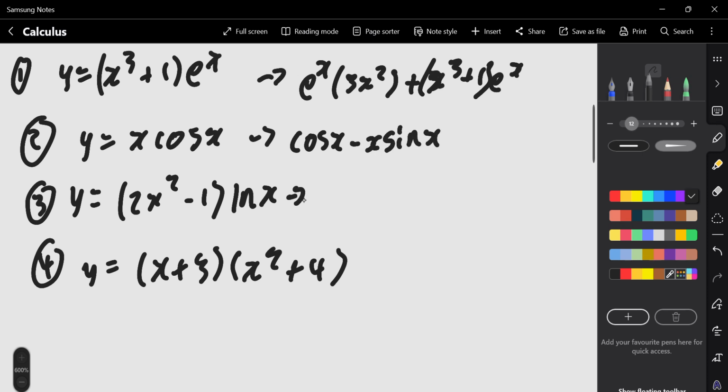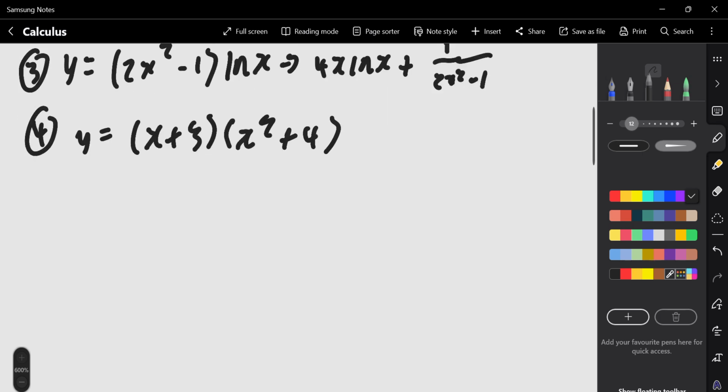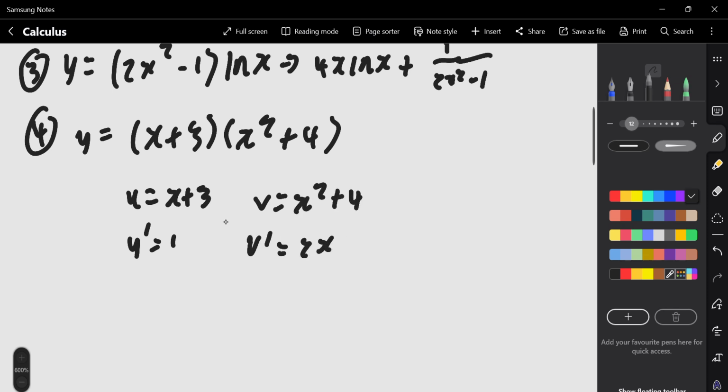Here we're going to have u v prime plus v u prime, so ln x lots of 4x, so 4x ln x, and then plus 1 over your original function, 2x squared minus 1. Nice. Finally, we can do u equals x plus 3. I'm going to have to probably write this one out. u prime equals 1, v equals x squared plus 4, v prime equals 2x, and then times through like that.